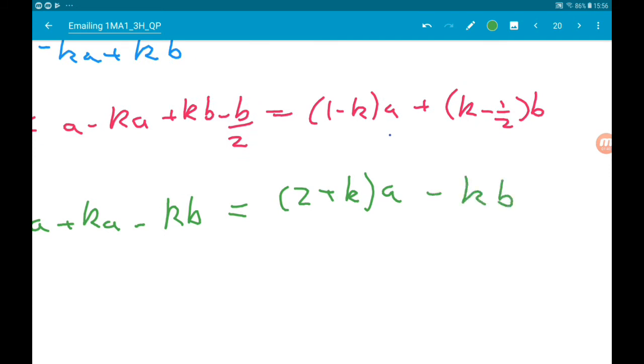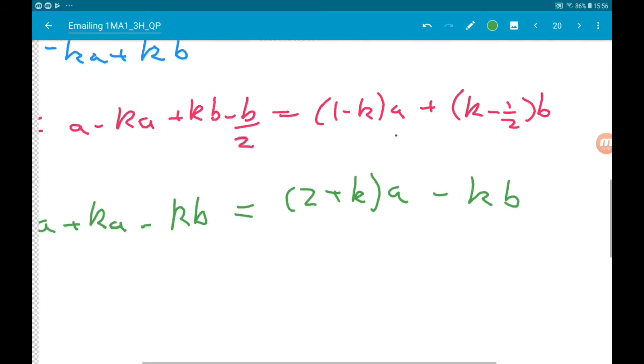Okay, now again, because they are parallel, we can say that one vector is a multiple of the other. So what that means is we multiply one vector by a number and we get the other vector.